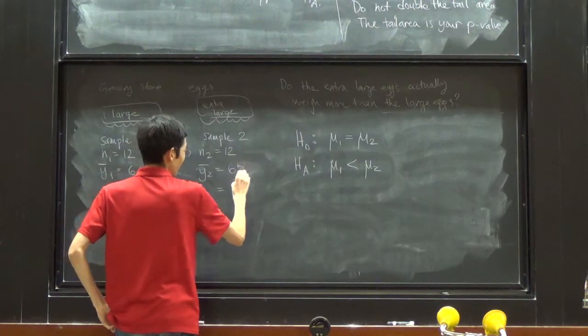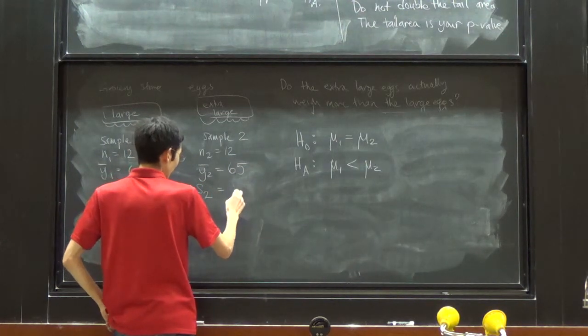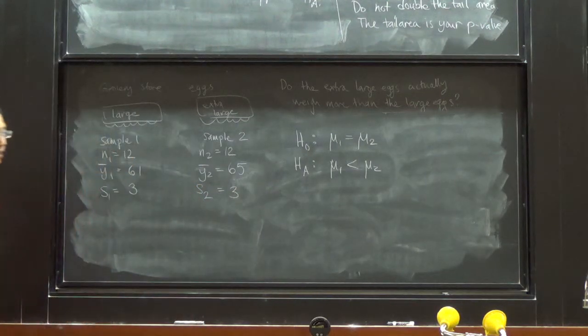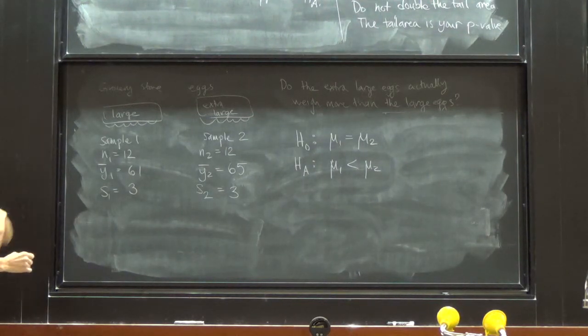Think that are extra large eggs, and let's say it looks like this. Okay, so based on these 2 dozen eggs, do we have evidence that the extra large eggs are bigger than the large eggs?